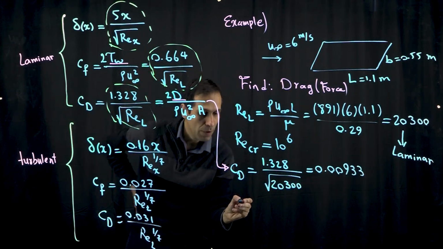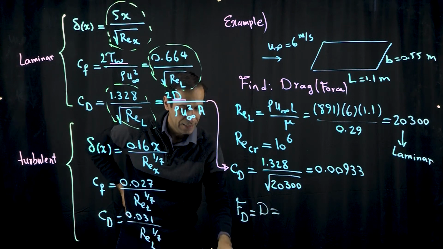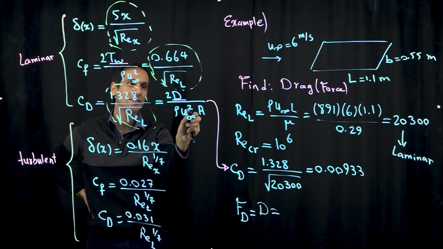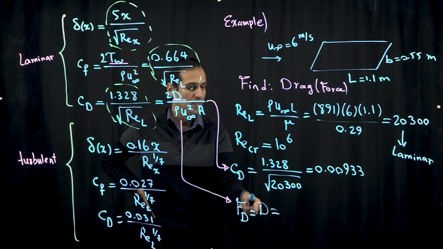Then, if I want to find the drag FD, or just show it with D, in this case, I can use the definition, which is this one. So now I know the CD.